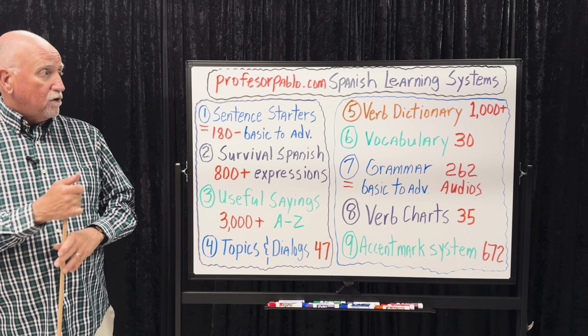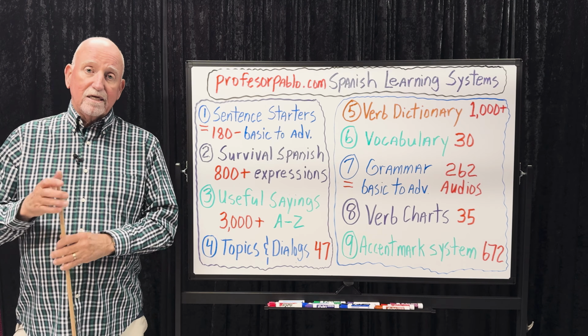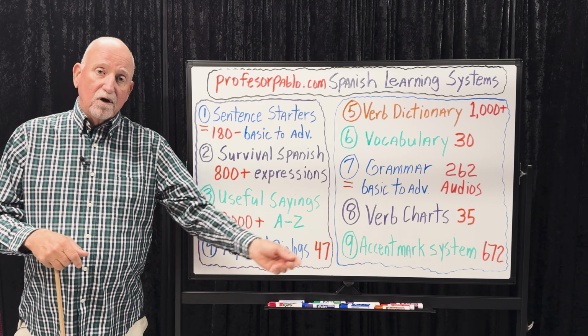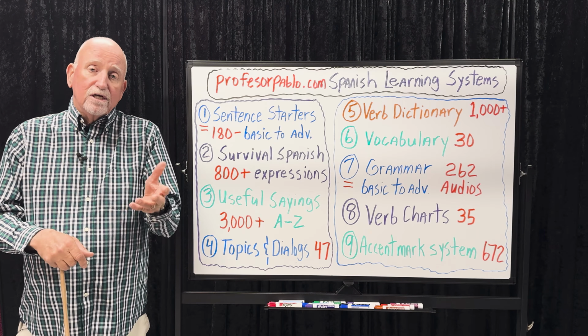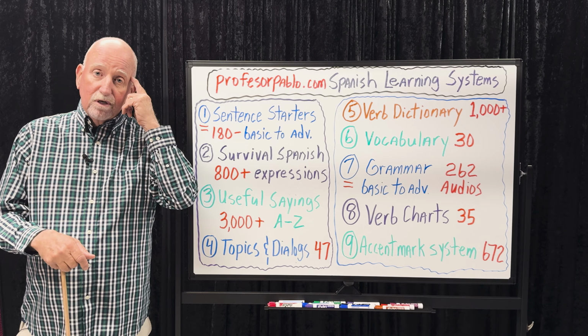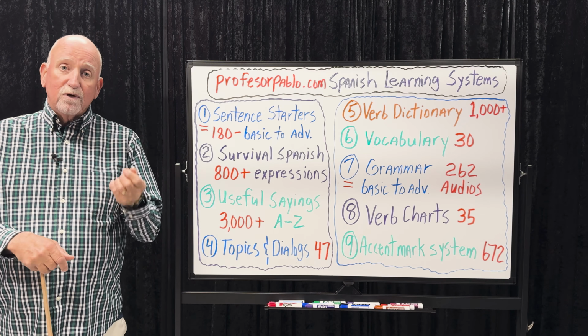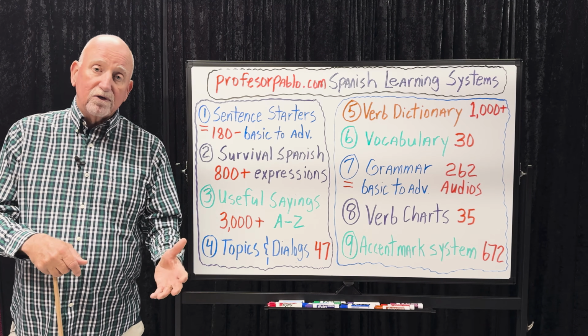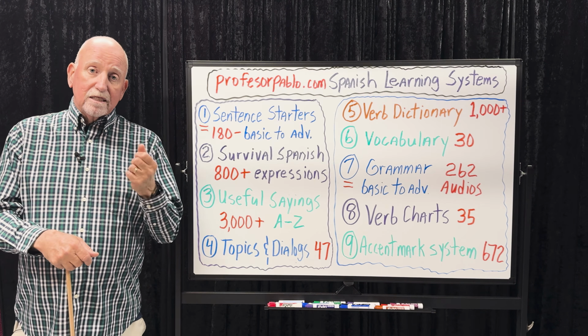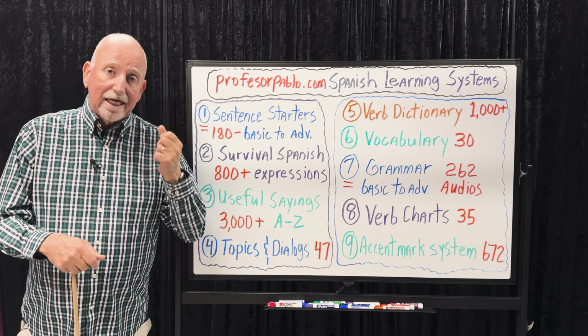But first of all, it's called Spanish Learning Systems because I have devised systems to teach accent marks. You've seen me teach, you know I have systems, tips, tricks, and tools in that language learning module. I have systems for pretty much everything. The Spanish verb universe, the verb numbering system. I broke down the Spanish language, I absolutely dissected it.